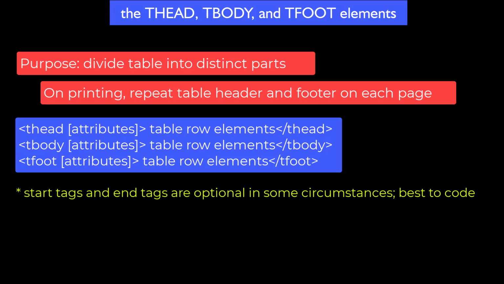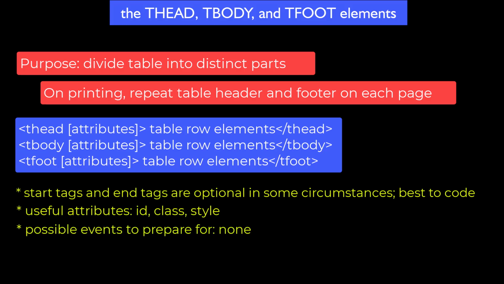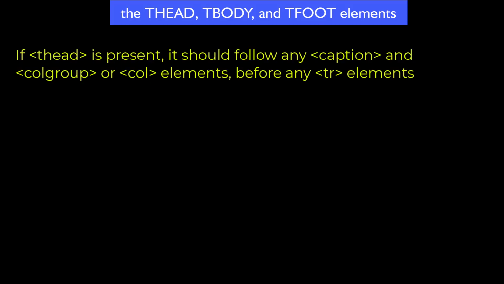Start tags and end tags are optional in various circumstances, but it's best to always code both to make it absolutely clear. Useful attributes for these elements: ID, class, and style. Possible events to prepare for: none. If a thead is present, it should follow any caption, colgroup, or col elements, and before any TR elements.